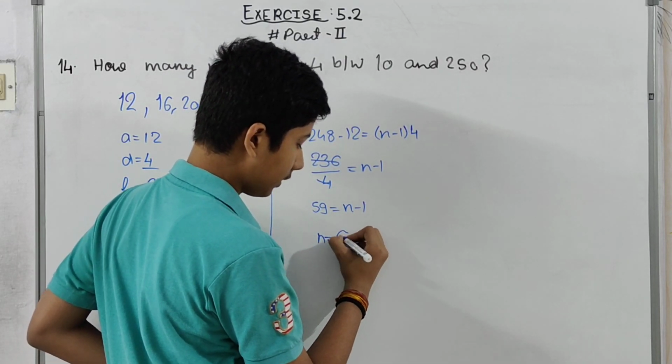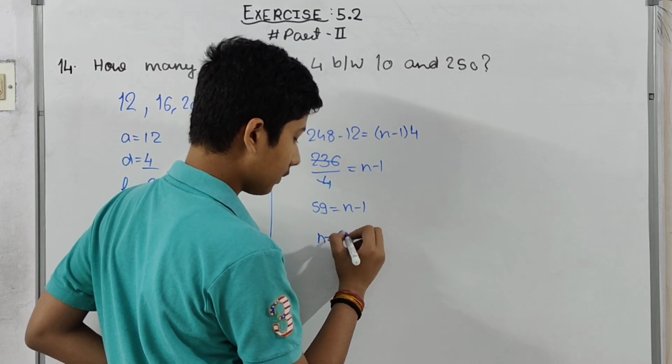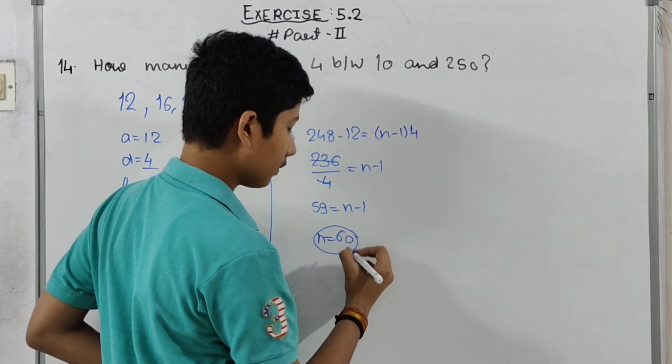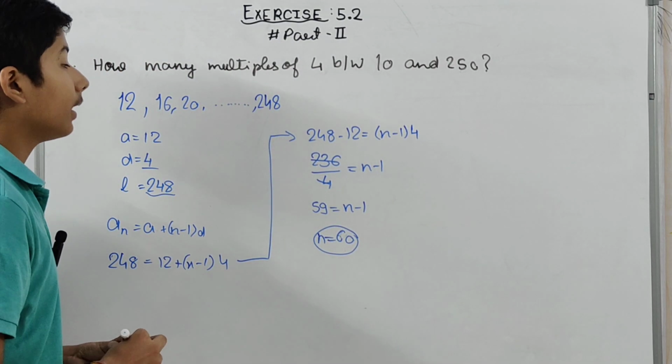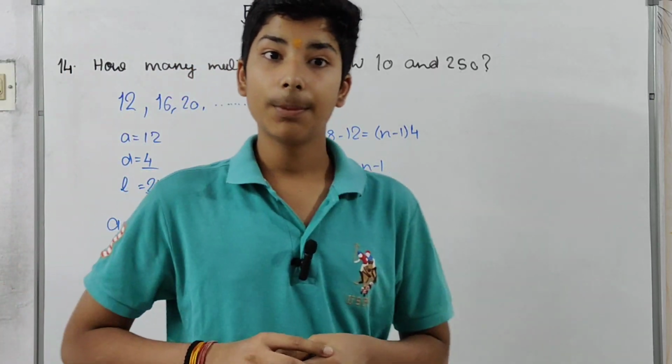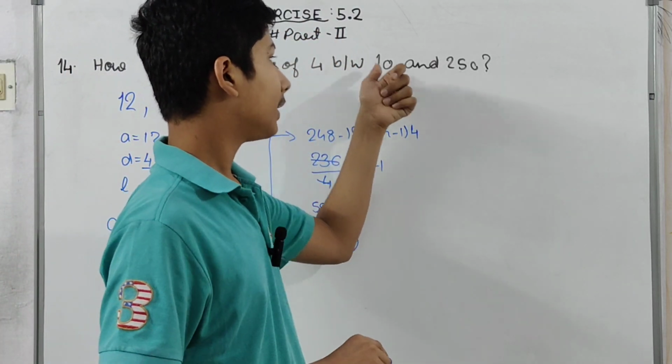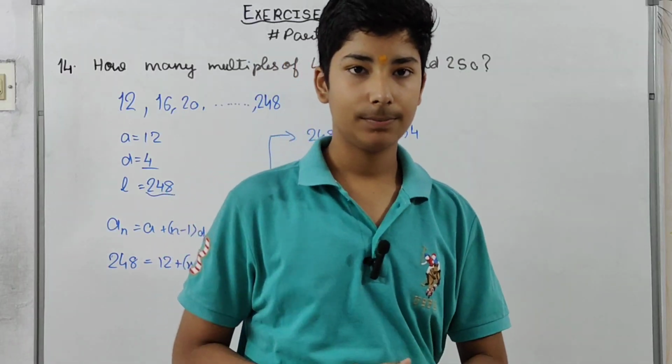So n will be 60. So there are 60 multiples of 4 between 10 and 250.